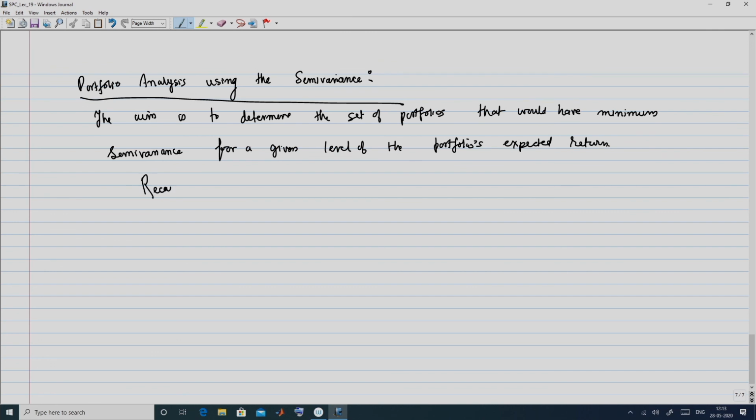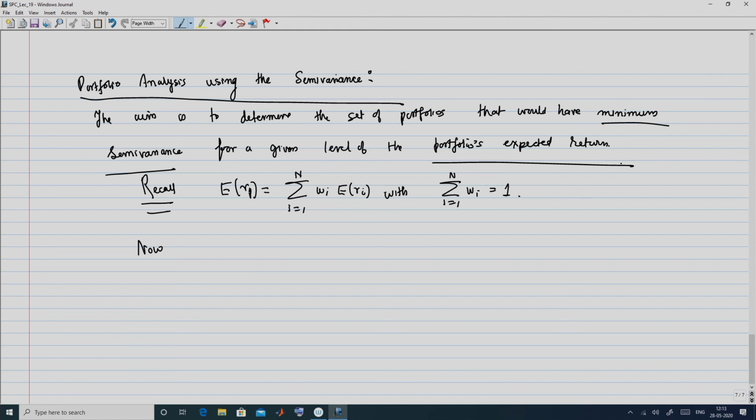So, for this purpose we again go back to the drawing board and recall that the expected return on the portfolio P is given by, considering capital N number of assets, summation i equal to 1 to N of Wi E of Ri, with of course the customary constraint that summation i equal to 1 to N of Wi is equal to 1. Now, I want to minimize the semi-variance for the portfolio for a given level of the portfolio's expected return. So far I have defined the semi-variance of an asset.